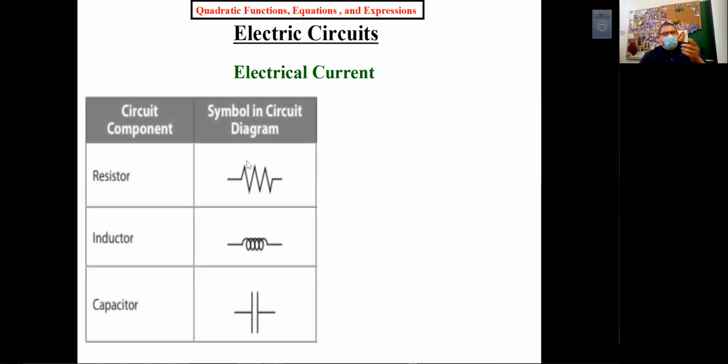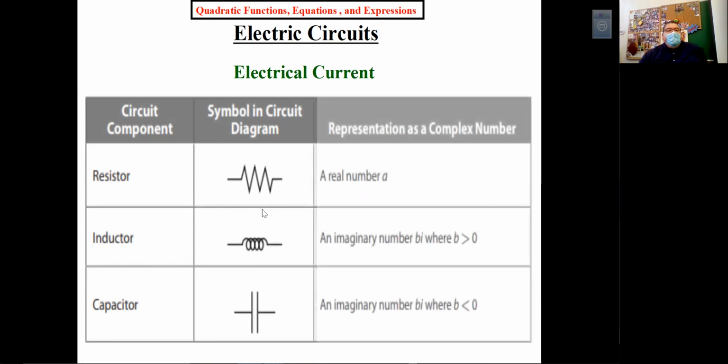So check this out. Yesterday we started with this table. Today we're going to add numbers to this. Don't copy this, but pay attention. Whenever I talk about a resistor and I give you the ohms, whatever the number of ohms, that translates only to a real number.